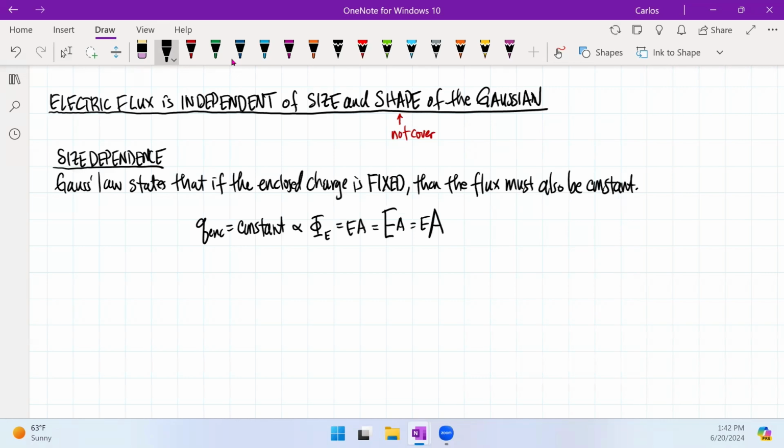So that's what we really want to show. So the way we'll do this here is that suppose we have two different size spherical Gaussians.